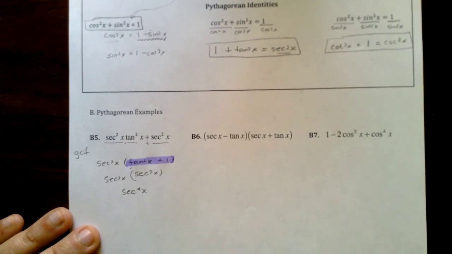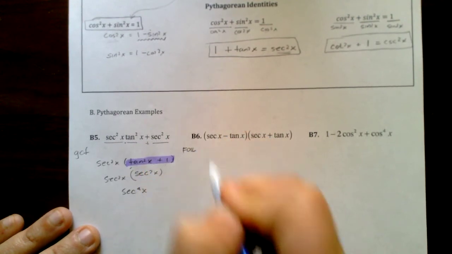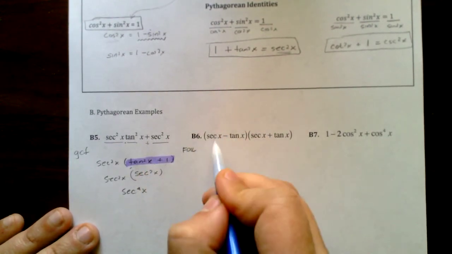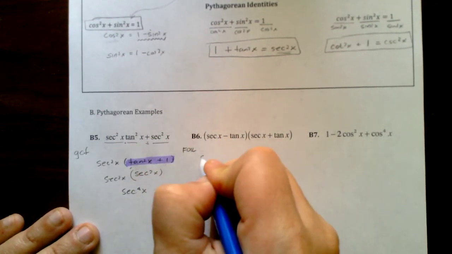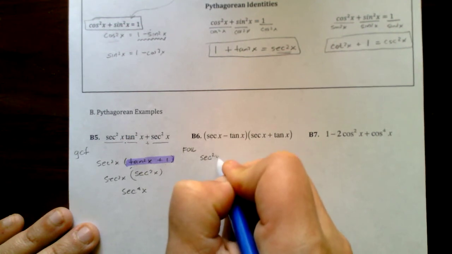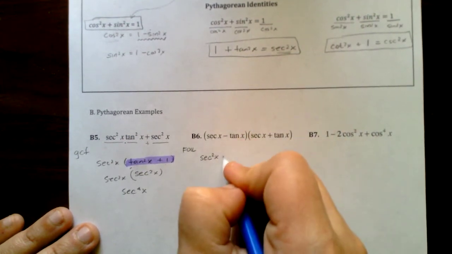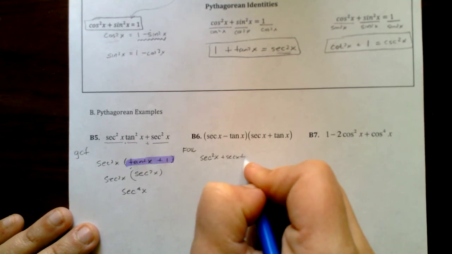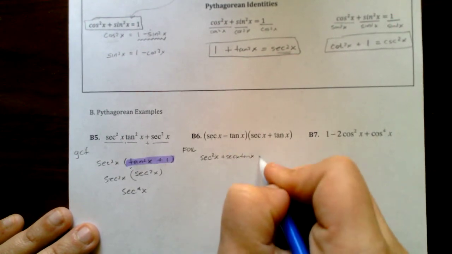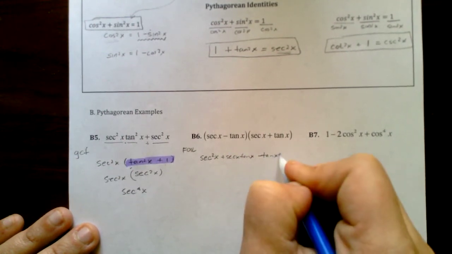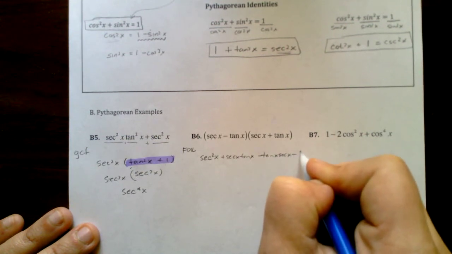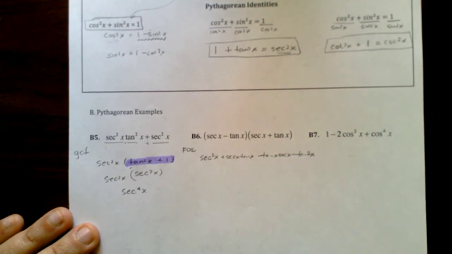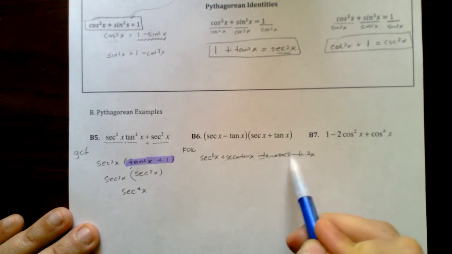In B6, this is going to be what your teachers call FOIL, or double distributing. So I'm going to take secant times secant. I'm going to get secant squared x plus secant x tangent x minus tangent x secant x minus tangent squared x. The middle terms will cancel.